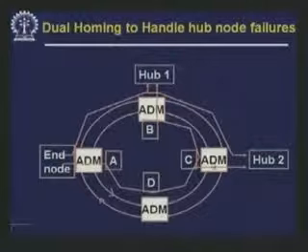So we have these 4 ADMs, once again 4 nodes, let us say A, B, C, D. Let us say the end node is A, and these are the two hubs B and C. What we want is that not only some link failure, but even if one of the hubs fails, I should still be able to communicate.